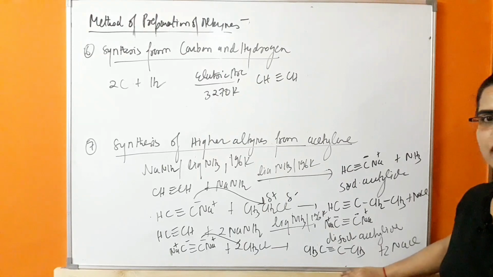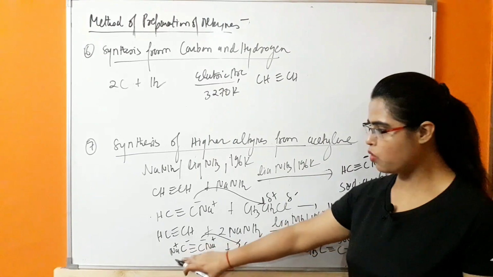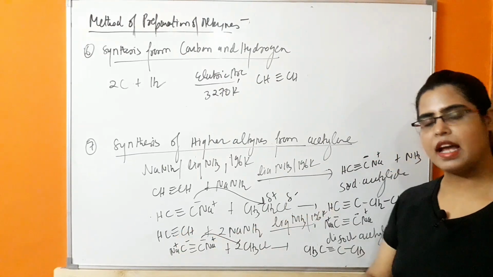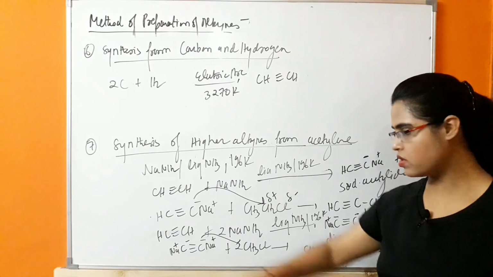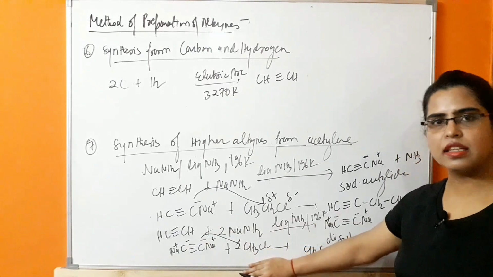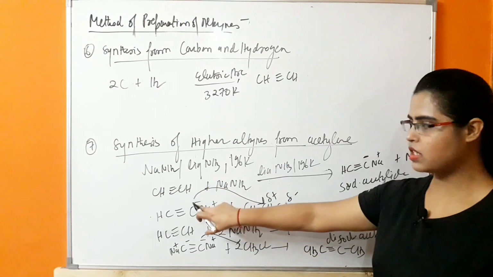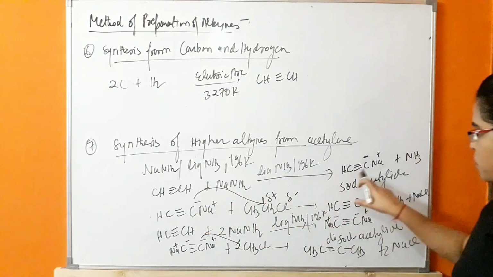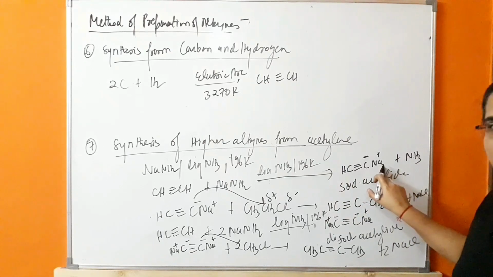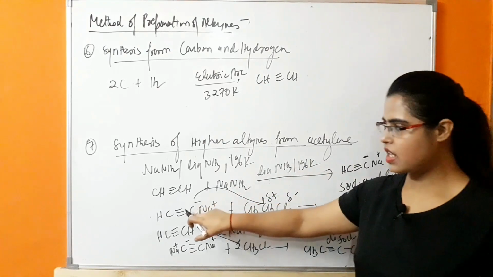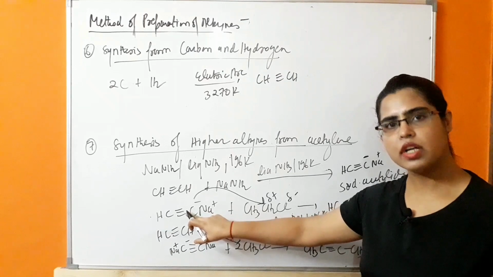So this compound will be formed. We can remove both hydrogens of acetylene and increase the chain by reacting with another alkyl halide. This reaction occurs with the help of the carbanion, because the bond between carbon and sodium is highly polar.